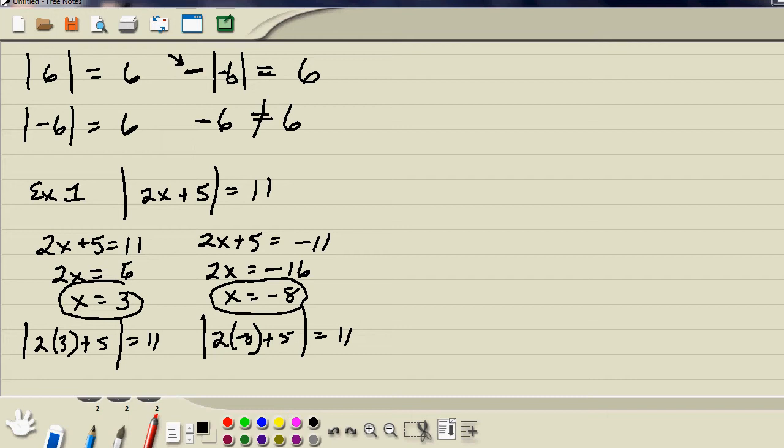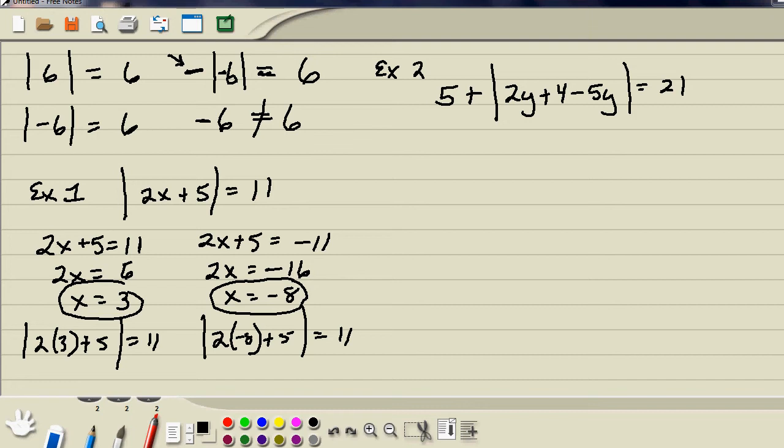And we'll be able to move right on. Let's look at example number 2, because they're going to throw a little wrench into the problem. They're going to say we're not just going to have an absolute value, but we're going to have another coefficient on the outside. So it's 5 plus the absolute value of 2y plus 4 minus 5y, equals 21. Well, we need to isolate the absolute value.